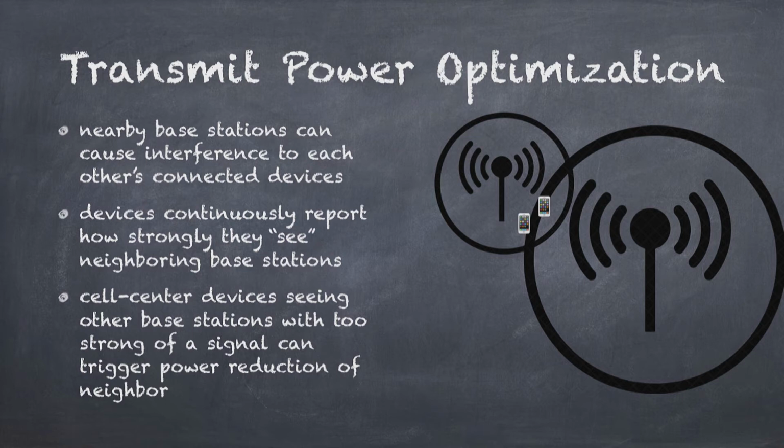But what happens with this algorithm is, if there are enough devices measuring their serving cell and some neighbor cell in some relative amount that's considered to be too great, and if there are enough of these, then the neighbor cell can be a candidate for reducing its transmit power.